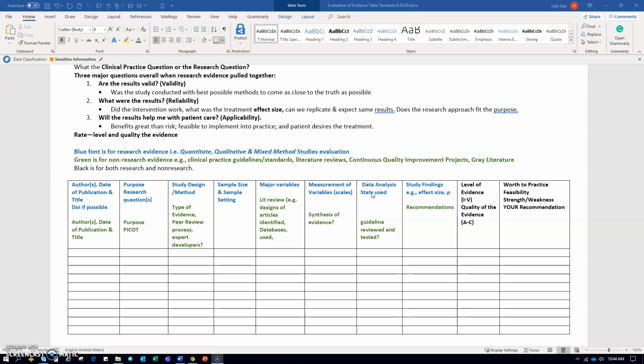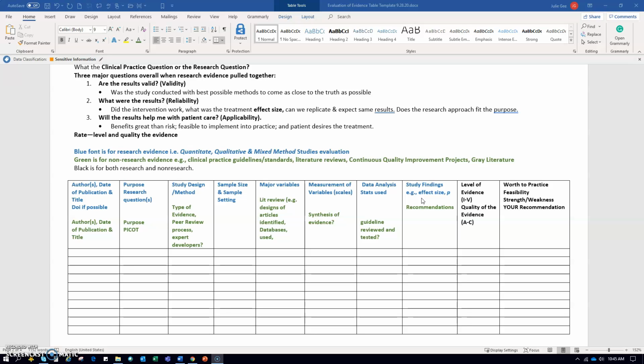You don't have to go into detail. And for here, with your non-research, if it was, for example, a guideline, was it reviewed? How was it tested for clinical practice guidelines? Those types of things. Okay, with study findings, anything you listed statistically here, you need to address over here.